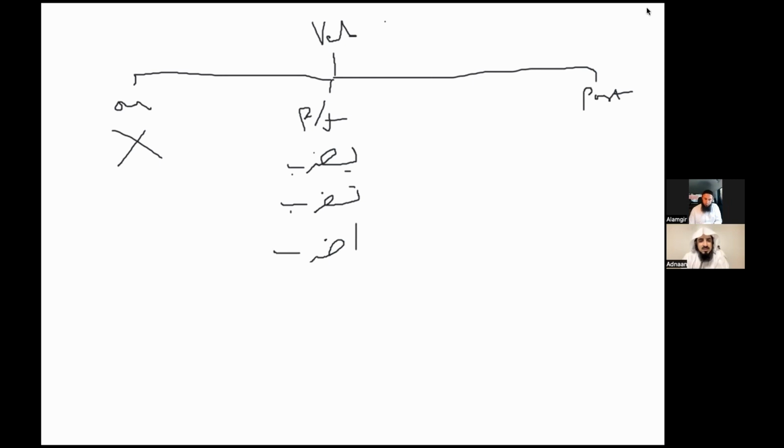And slowly I want you to start understanding the concept. This ya and this ta and this alif is telling us who is actually doing it. The word ضرب is hitting, that's the verb. Now, when you come to the past tense, to say he hits, you would say ضرب.